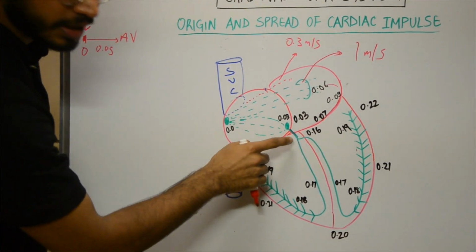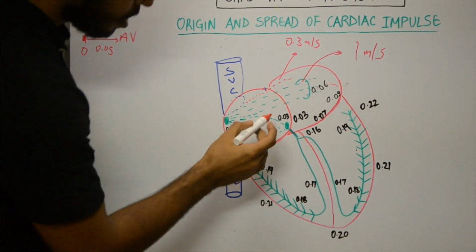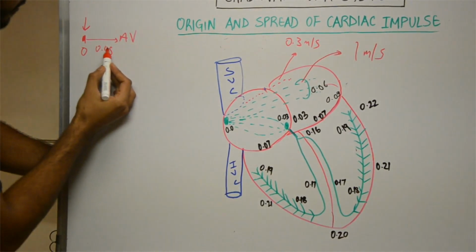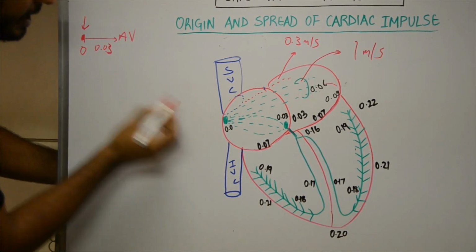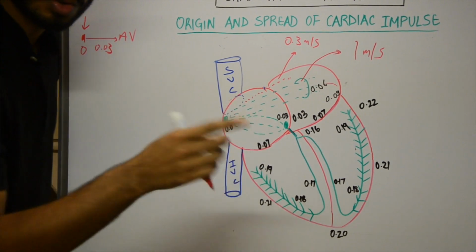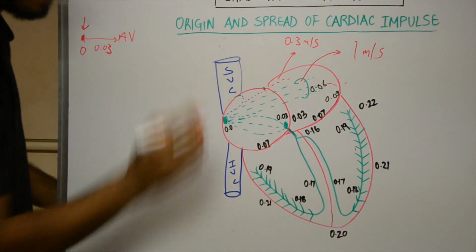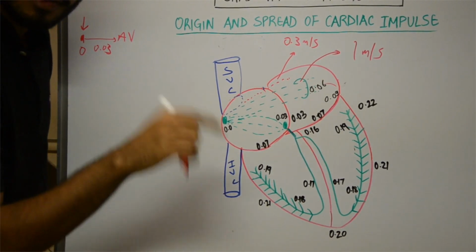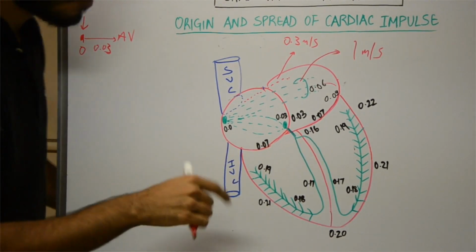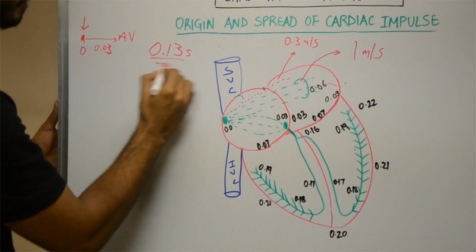But here, this is a very important concept. Please pay attention. So till the AV node, we have seen a delay of about 0.03 seconds. This is because the impulses pass through these three internodal fibers. Now what happens is that they reach the AV node. At the AV node, there is a delay of about 0.13 seconds.